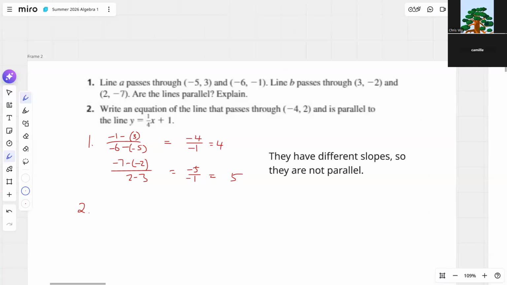It's y equals 1/4 x plus 3, I think. Yep, that is correct. Good job.